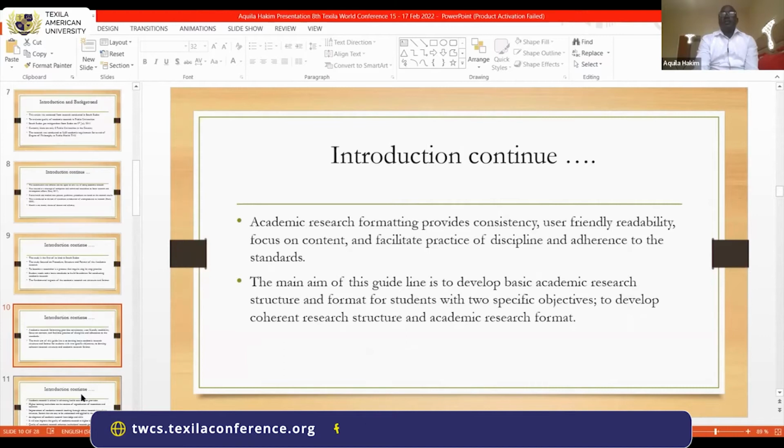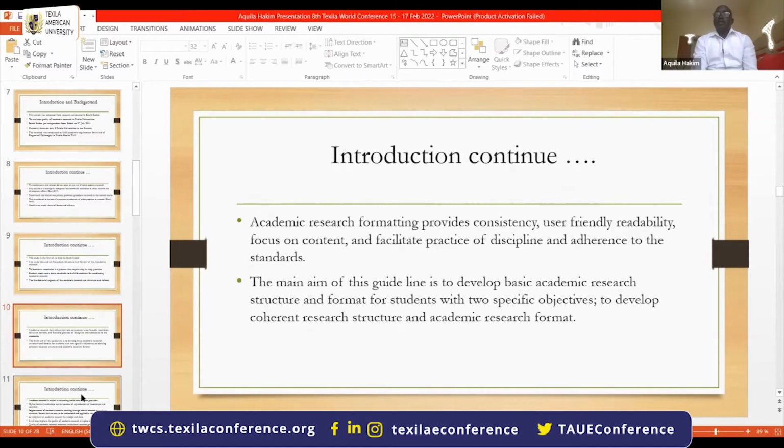Academic research formatting provides consistency, user-friendliness, reliability, focus on content, and facilitates practice of the principles of the discipline and adherence to the standards. The main aim of this guideline is to develop a basic academic research structure and format for students, with two specific objectives: develop a coherent research structure and academic research format.